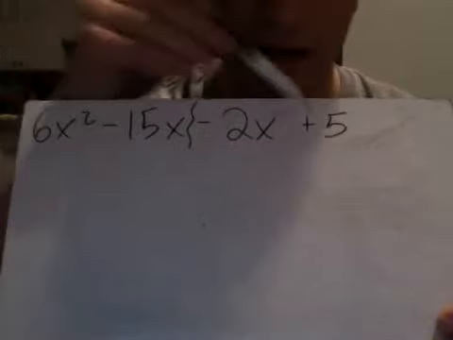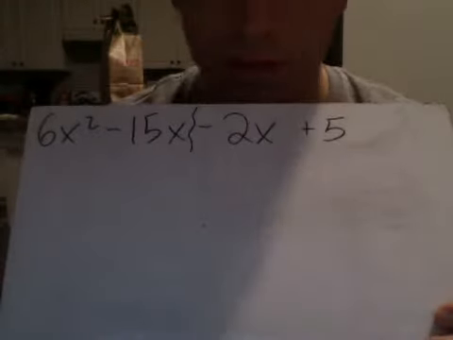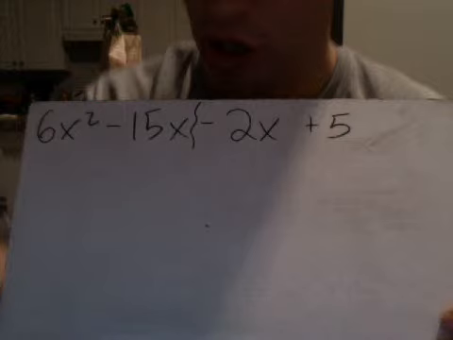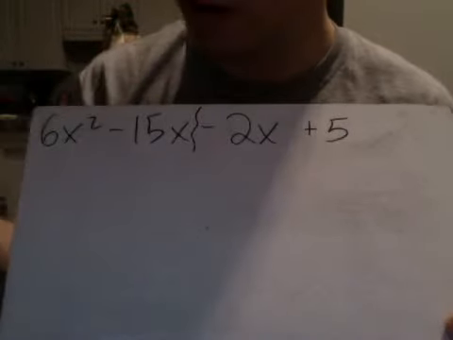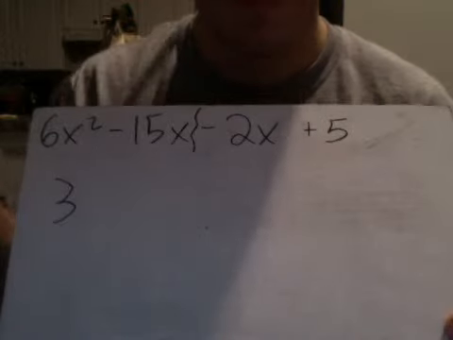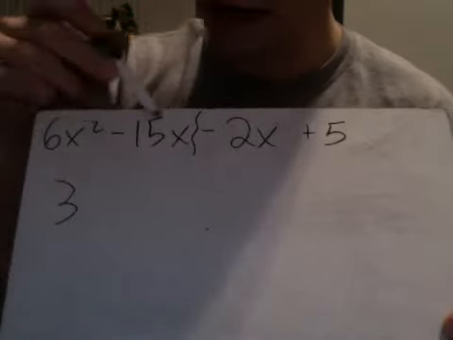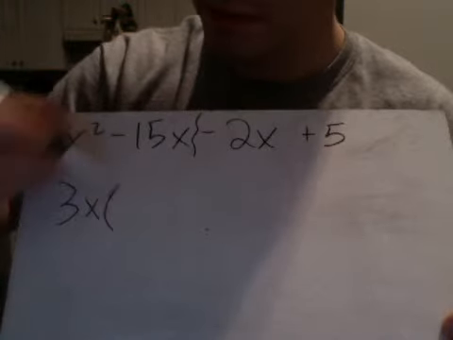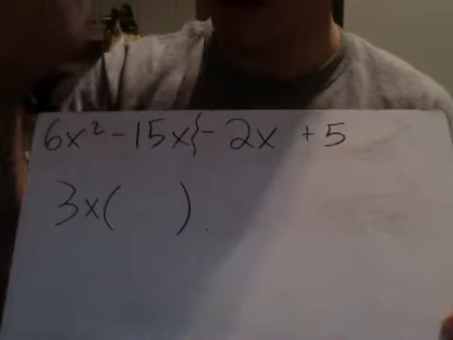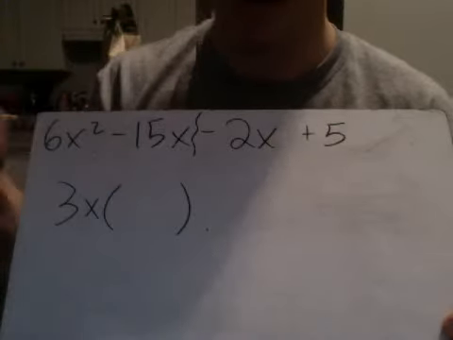I already split the left side and the right side. Over here, greatest common factor. Let's see, the biggest number that will go into both is 3. They both have an x, so I include the smaller one. I think about what would be left inside if I took out the 3x.